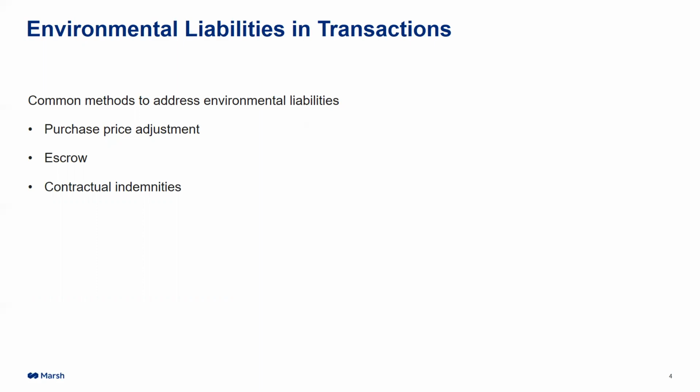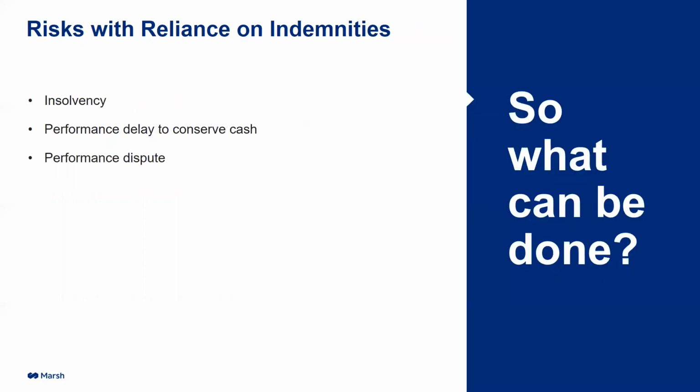So the question, if we go to the next slide, is this. How do we deal with the risk with them? All the indemnities make sense at the time, but after that deal's closed, there are risks to indemnity. So number one, you could end up having an indemnity guaranteed by a company that becomes insolvent in the future.